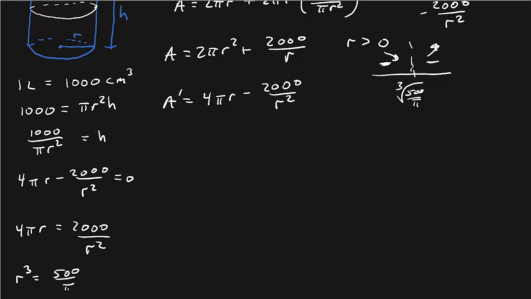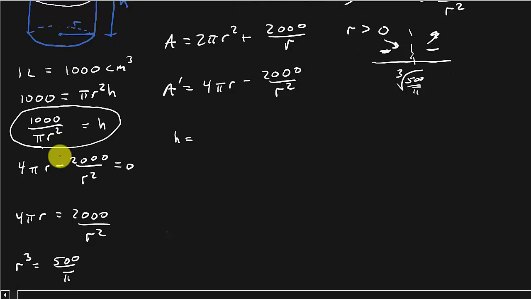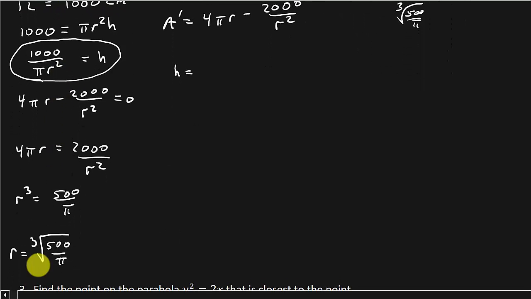All right. So anyway, let's find h. All right. So h is equal to this. So we need to plug in what we got for r, which is the cube root of 500 over pi.